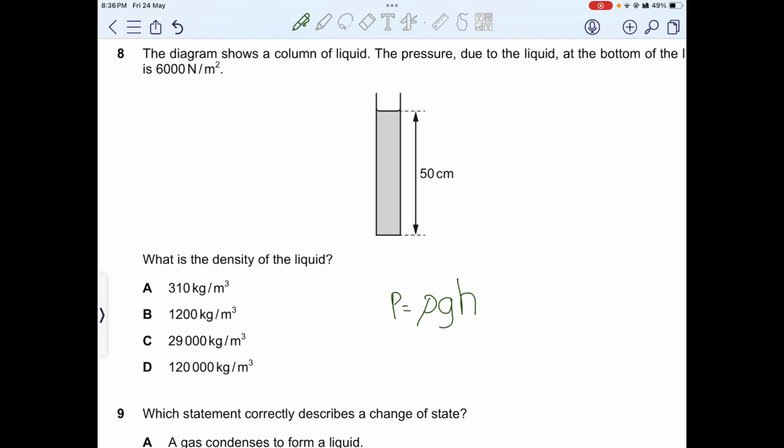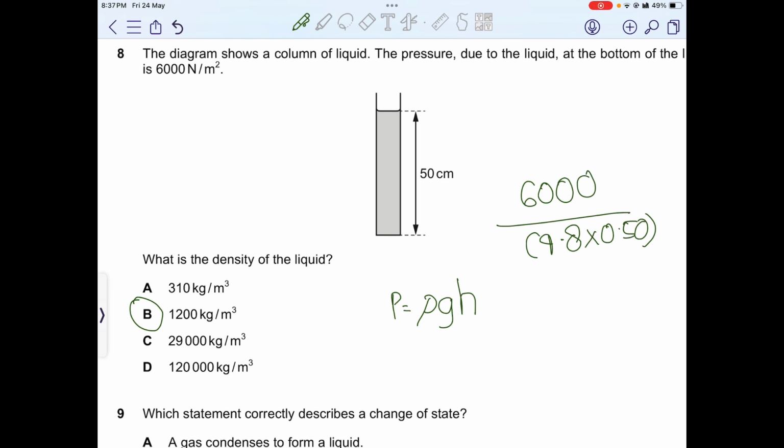So g is 9.8 and the height is 50 centimeters. Be very careful, it has to be in meters, so 0.50. That gives us about 1224 and therefore it will be 1200. For the calculation, it looks somewhat like this. If you're confused, 9.8 into 0.50.